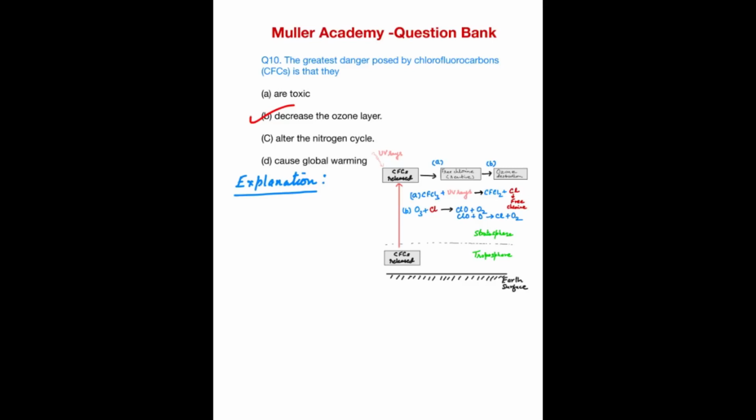So ozone is broken down to oxygen, but that free chlorine remains as it is. So it remains available for breaking down more and more ozone. This is very unfortunate, and one free chlorine can break down lakhs and lakhs of ozone molecules. So this is how it works, and that's why it's very harmful.